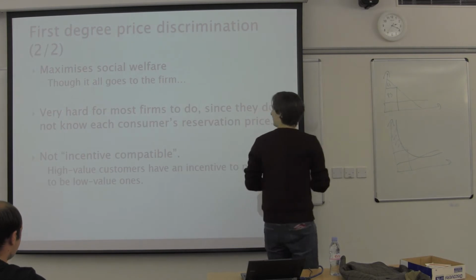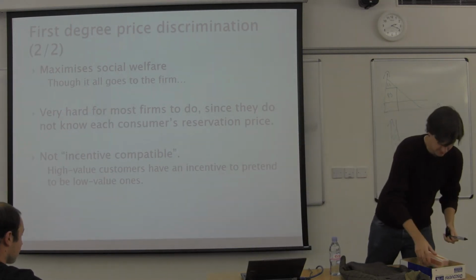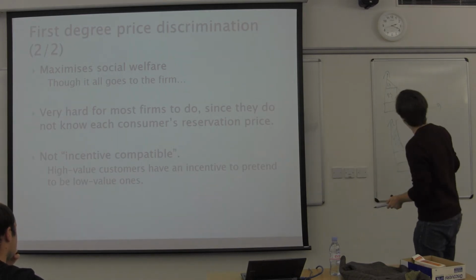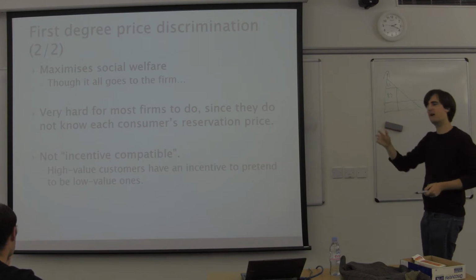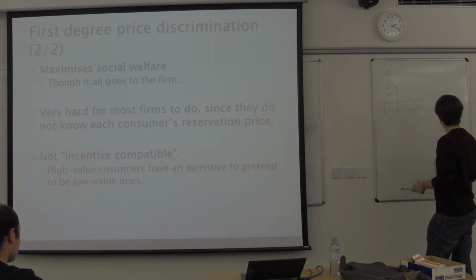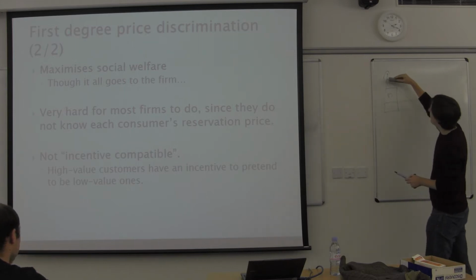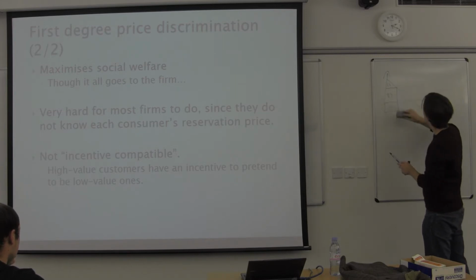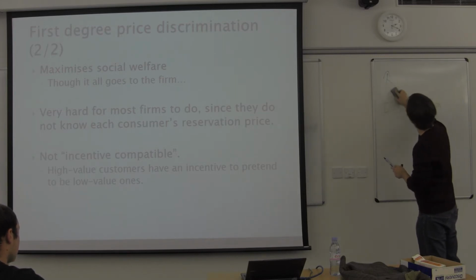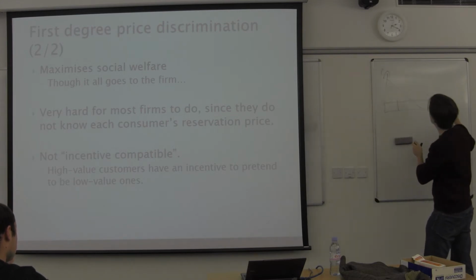So remember, one interpretation of a demand curve is for lots of consumers, all with different reservation values for it. Okay, so you can think of the consumers as arranged on the vertical axis. Okay, and yeah, this is price, this is quantity.